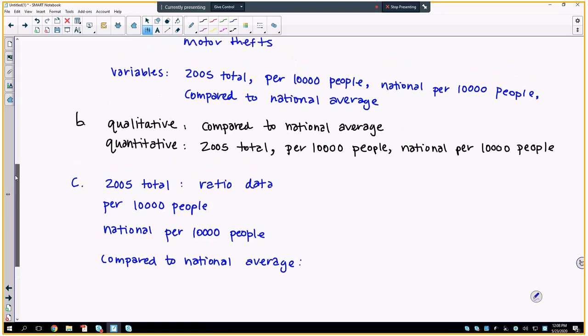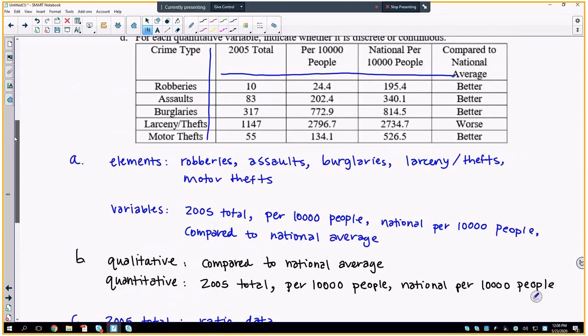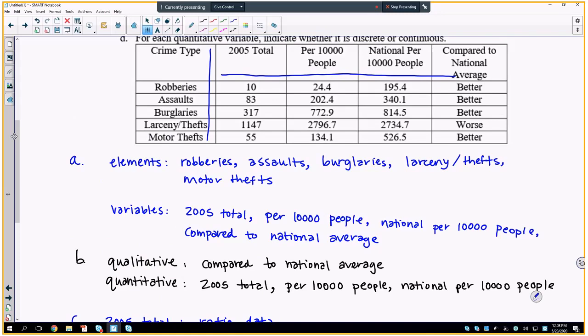What about per 10,000 people? I think I could do the same. Say how many more assaults than robberies, or how many more thefts than motor thefts. And I could also do their ratio: for each motor theft, how many burglaries do I have? And it's exactly the same for national per 10,000 people.